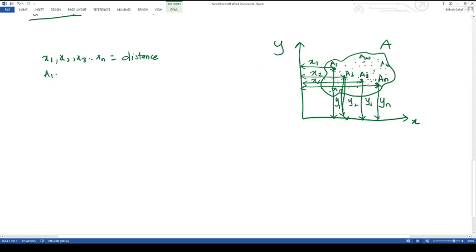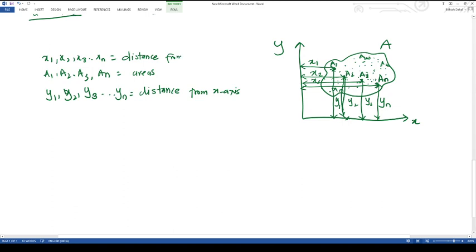And A1, A2, A3 up to An are my areas, the number of elementary areas. So again, y1, y2, y3 up to yn are the distances from the x-axis, right? And x is the distance from the y-axis.